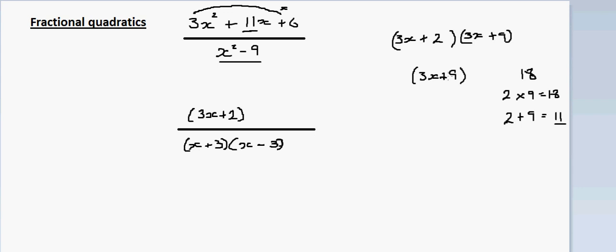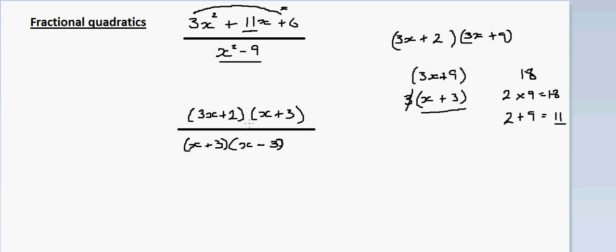Now I know that 3 will go into 3 and 3 will go into 9, so I can pull 3 out to factorize it. Now 3 times x is 3x, and 3 times 3 is 9. So I know that the other bracket is x plus 3. The 3 that I factorise I have no interest in at all now. So I can write the second bracket as x plus 3.